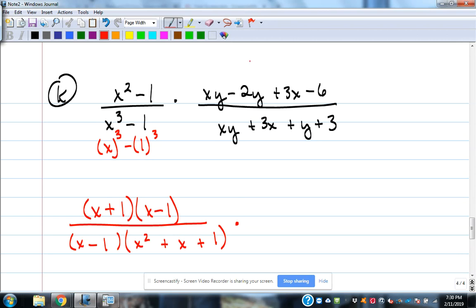So if there are 4 terms, we're going to group. I'm grouping these two together. What's the GCF of xy and negative 2y? Y, so that leaves us x minus 2. The GCF of those two would be positive 3, and that would leave us x minus 2. So the factors on the top are x minus 2 and y plus 3.